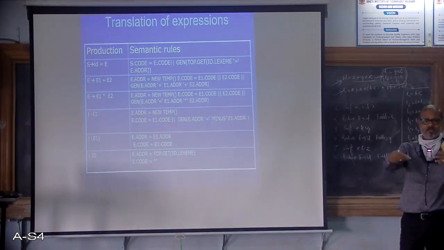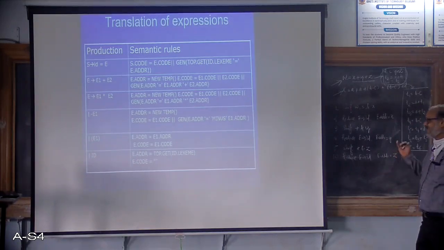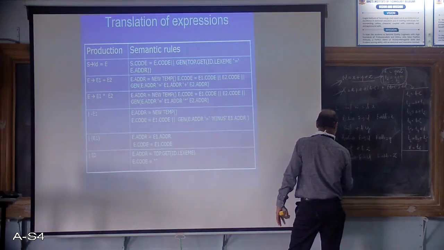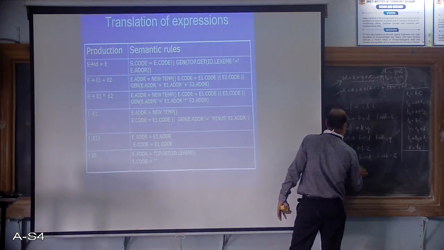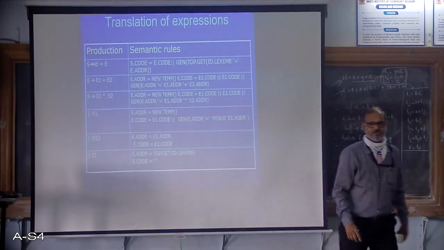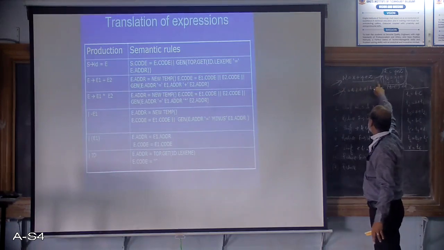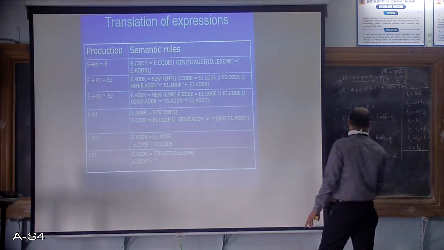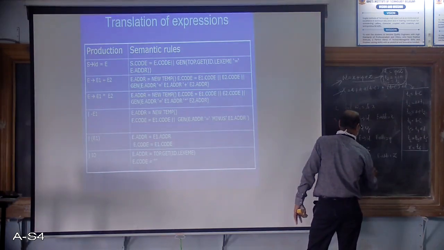I only have the operand values X, Y, Z. My next step is reduce. Since star has higher priority, that is what is evaluated. Now my next action is reduce using the production E derives E star E.